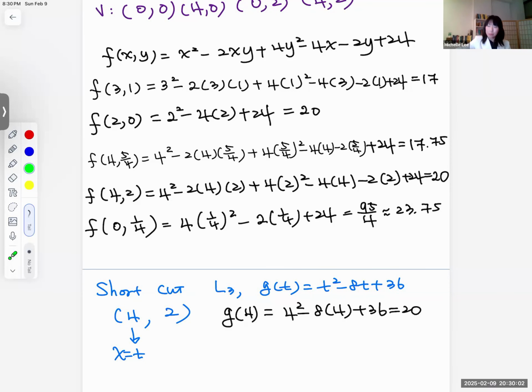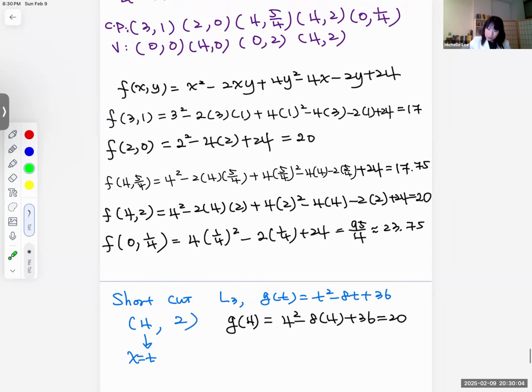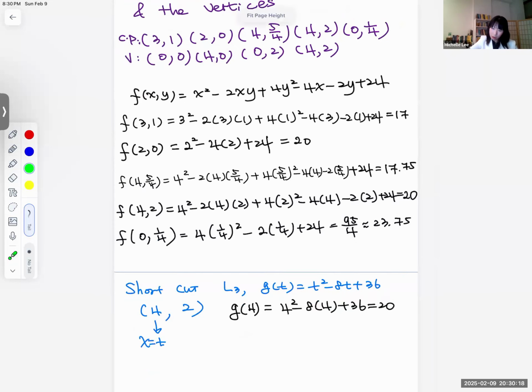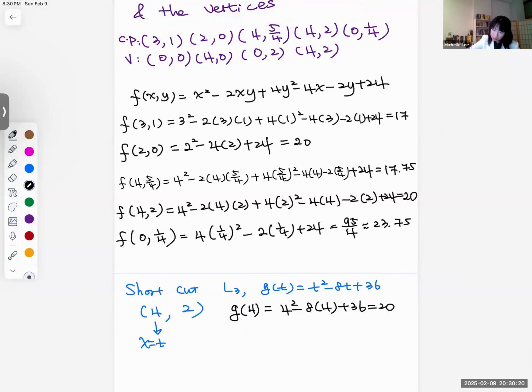Okay. Now, vertices, right? I think we finished all the critical points. Now, vertices. 0, 0.